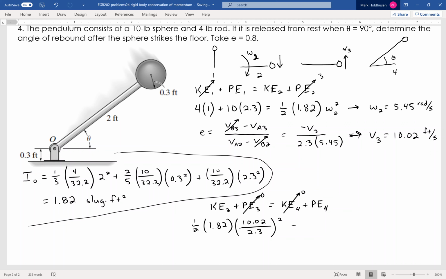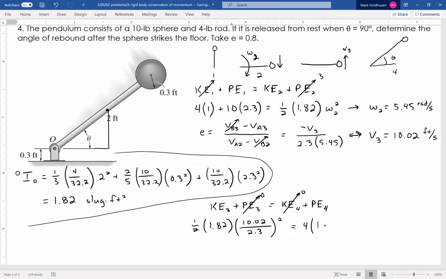And then that's going to equal how high it goes up. Okay, well, I've got two things that go up. I've got the rod, which has a weight of 4. And if you think about what's going on here, right, if here's your triangle, it's the opposite of that. So it's going to be sine.